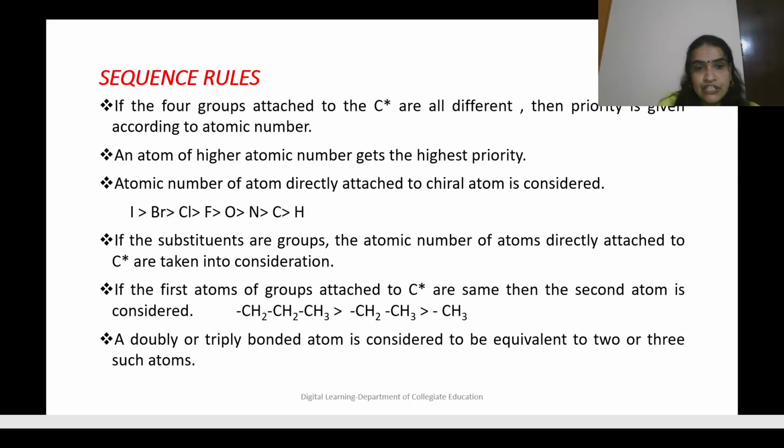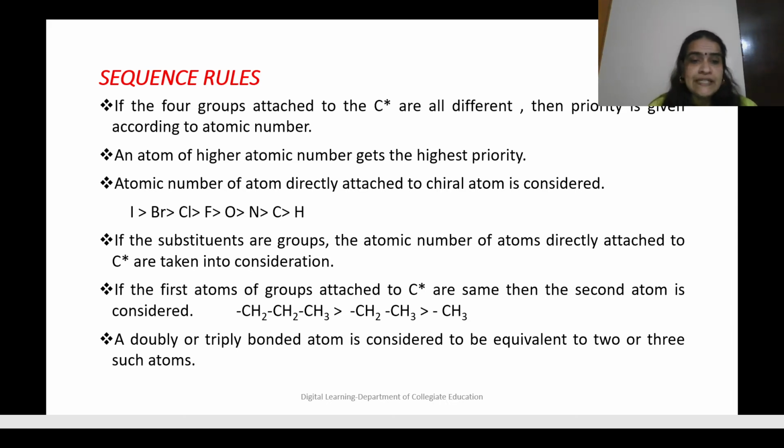Like if I, Br, Cl and F are the 4 groups, then I should be getting the first priority. Then Br, then Cl, then F, then oxygen, then nitrogen, then carbon and finally hydrogen. Always hydrogen will be the final group, having the 4th priority.